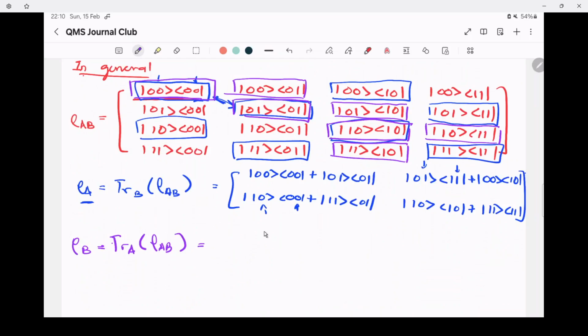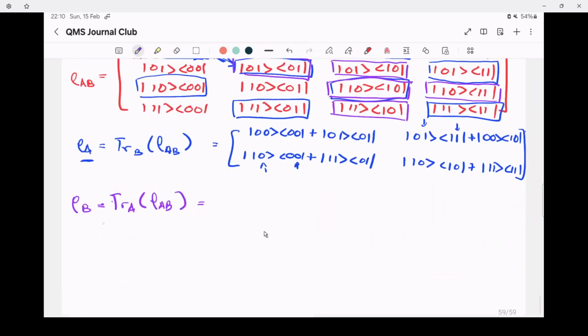You can do it for 3 qubits as well, but for 3 qubits, let's say you start from row A, B, C. If you want to find row C, then you need to perform partial trace twice.